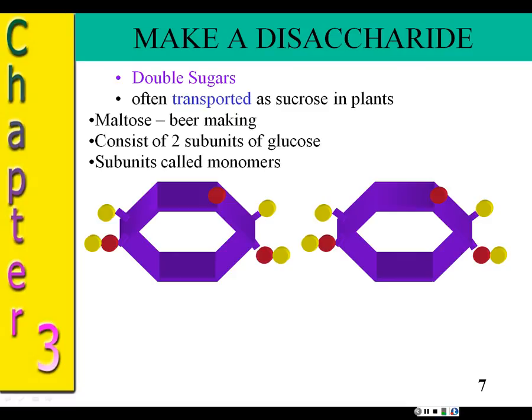Now, when we take away water, we form a covalent bond. The enzyme's going to help us make that bond. But before we make the bond, we got to start drawing from here, and we got to do something here. It makes what we call an oxygen bridge.